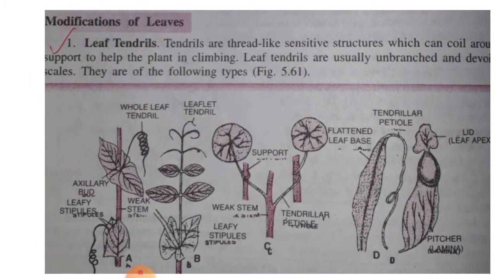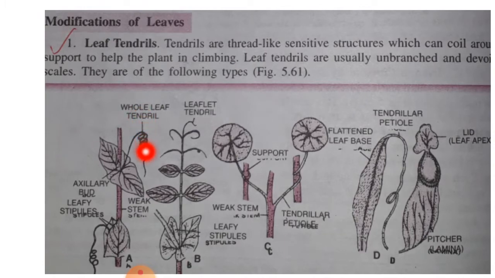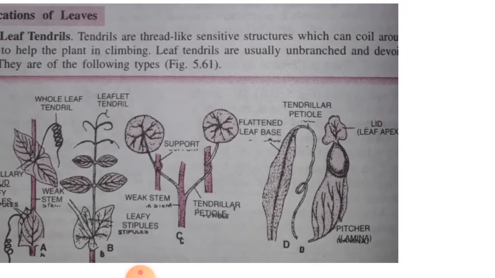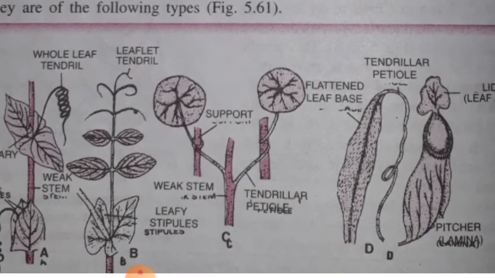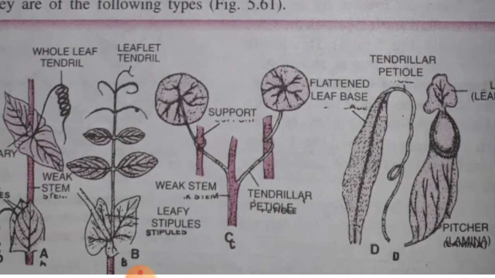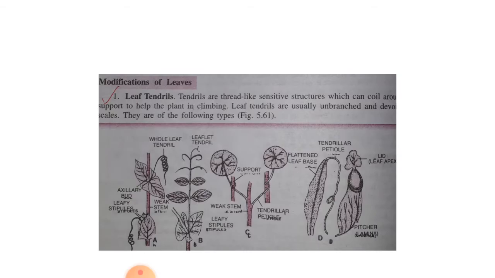These structures help the plant in climbing, and such structures are known as leaf tendrils.